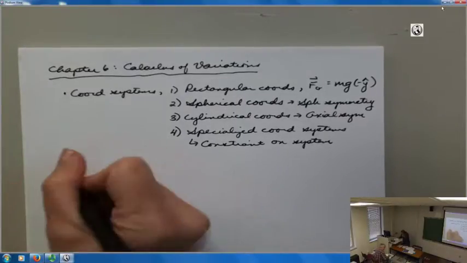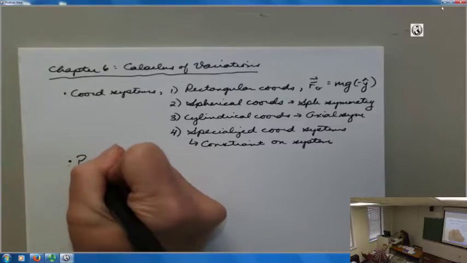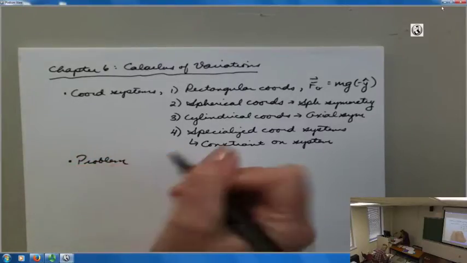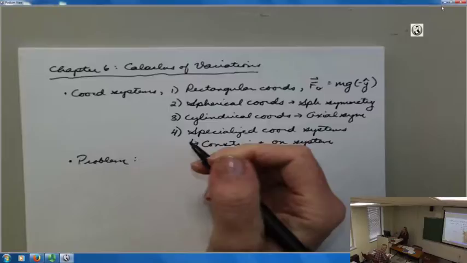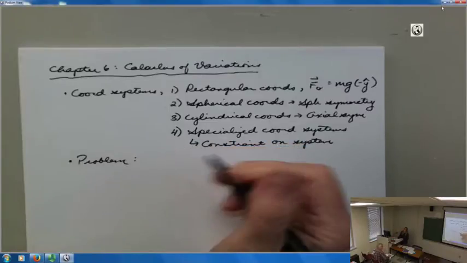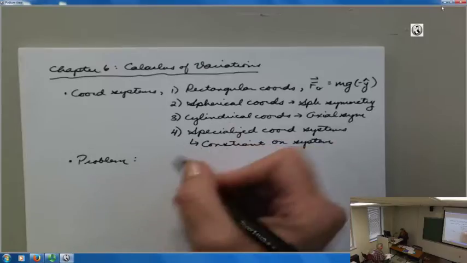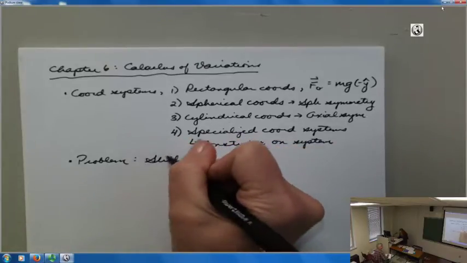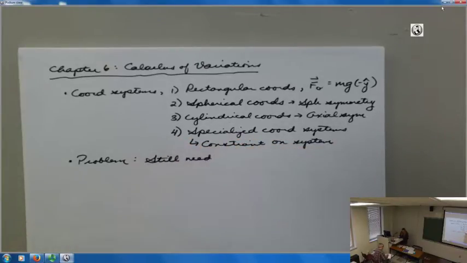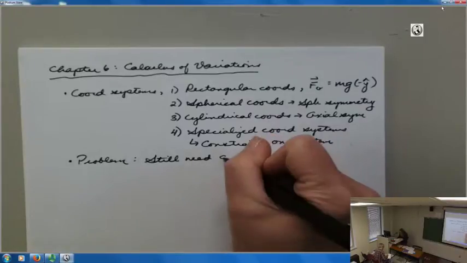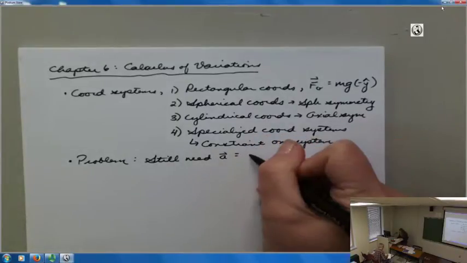The problem with using those is purely a mathematical one. If we want to use those types of coordinate systems, but we still want to use Newton's second law, we still need to use acceleration in rectangular coordinates.